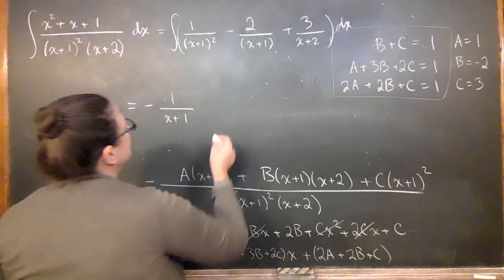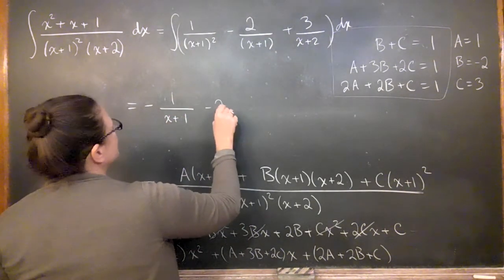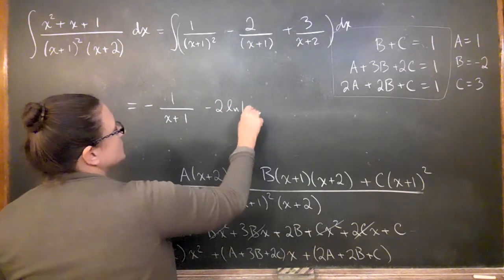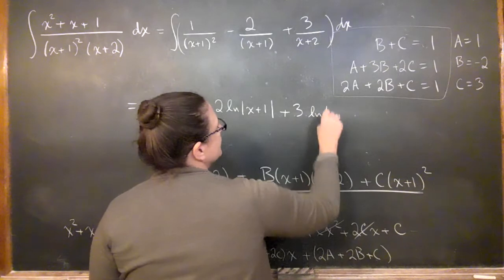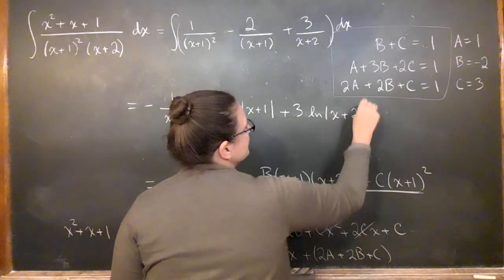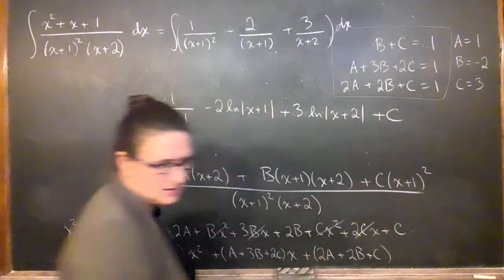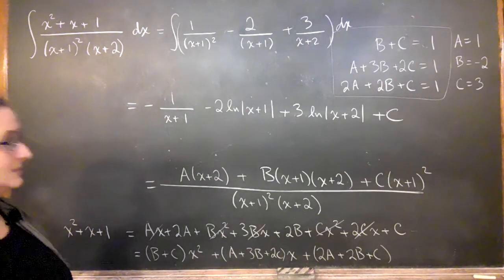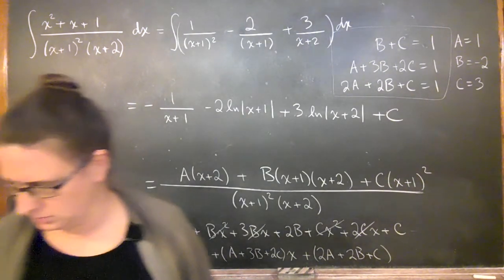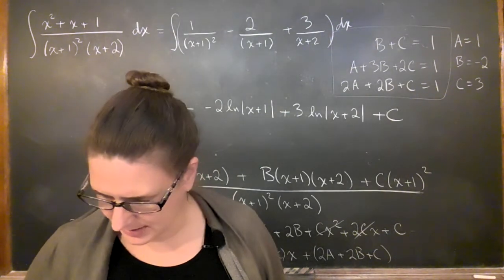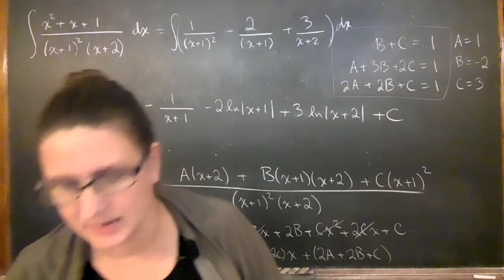We get that, and then this will be minus 2 natural log of this guy plus 3 natural log of this guy. So that is what you get. I don't know what happened to my answer. Yeah, there it is. Okay.